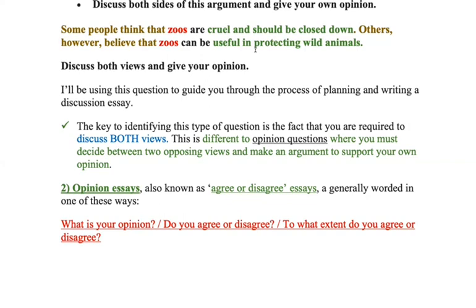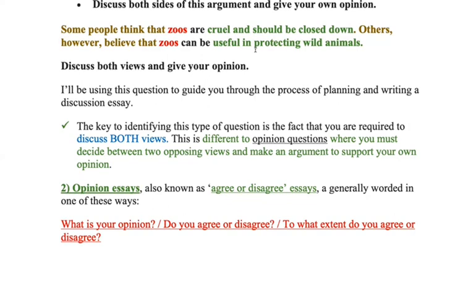In opinion essays, which are also called agree or disagree essays, you have two opposing views. You must decide between one of them, okay? And then support your own opinion. You will choose one and discuss it, and support your own opinion, why you agree with this.